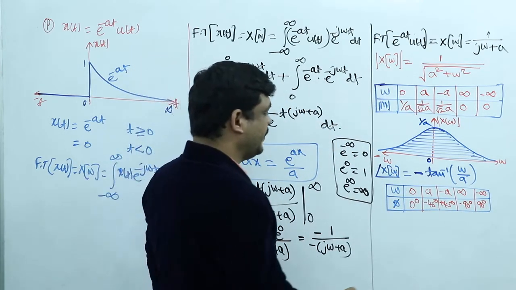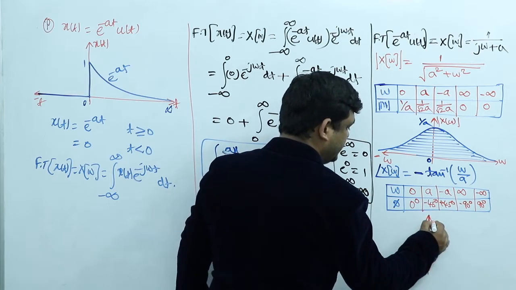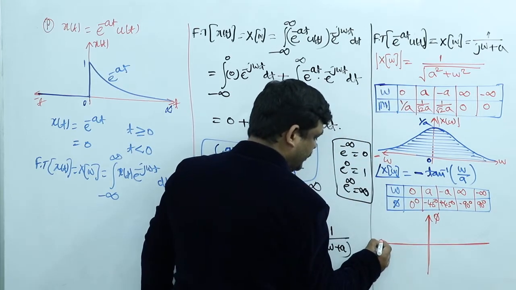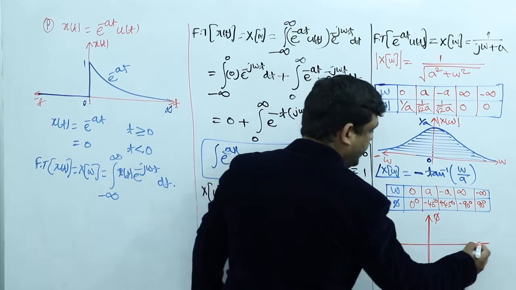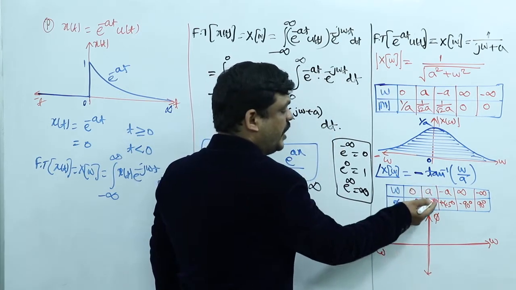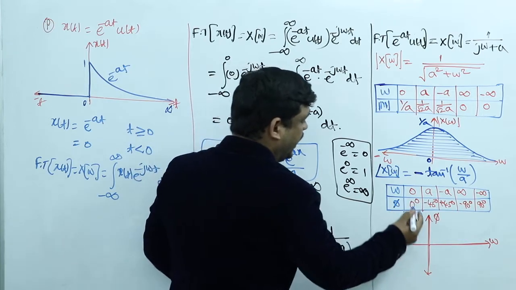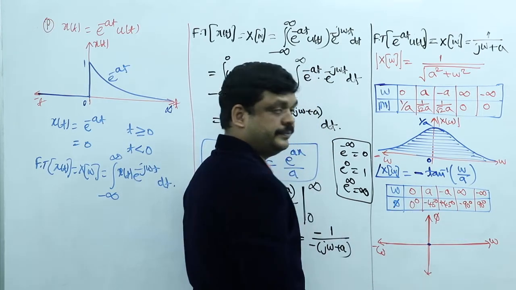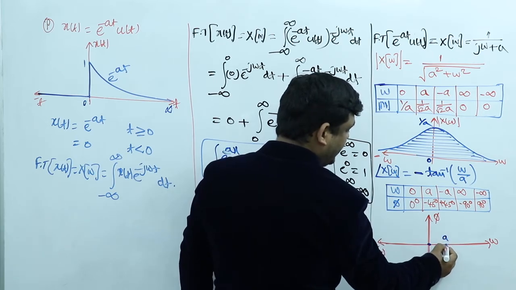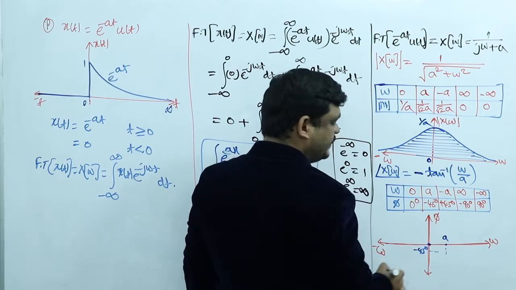Then we have to draw the graphical representation. The phase of this system changes with respect to frequency. This is the frequency axis, and this axis is the phase axis, with positive and negative angles. Exactly at frequency 0, the angle is 0 degrees. If the frequency is A, the angle is minus 45 degrees.